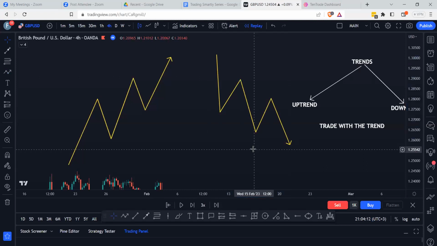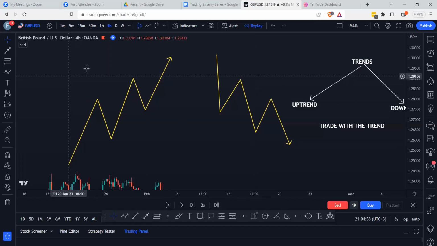Okay, and then you're able to see it visibly with the candlesticks. So you see the bull candle and the bear candle forming to give you a direction. When you have more of the bull candles trending up, that's an uptrend. When you have more of the bear candles trending down, that's a downtrend.